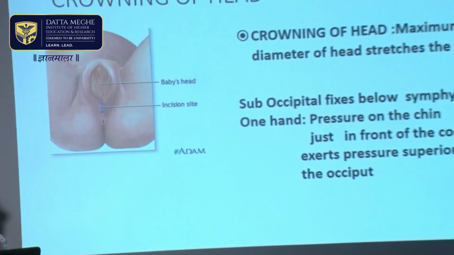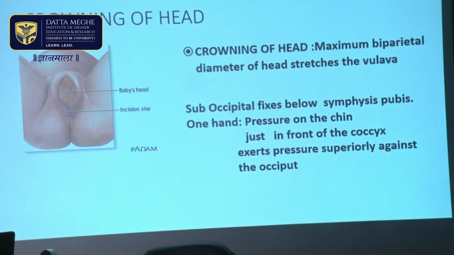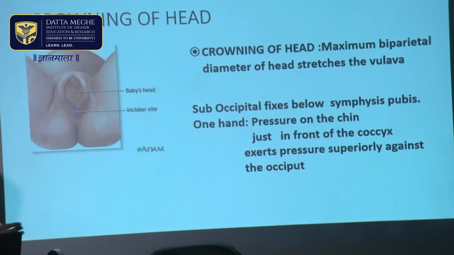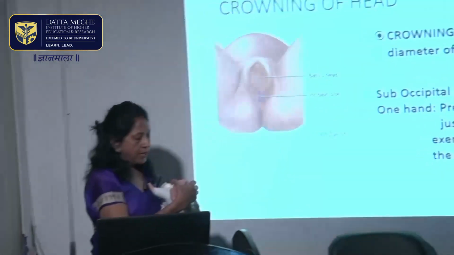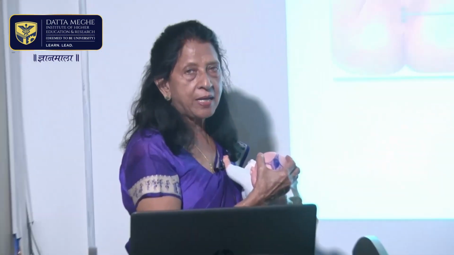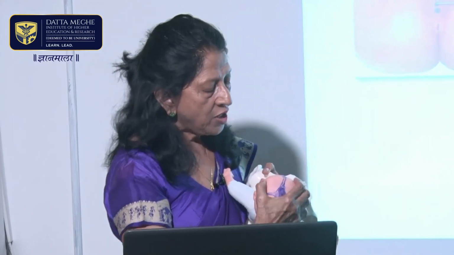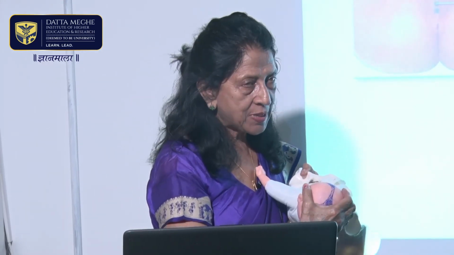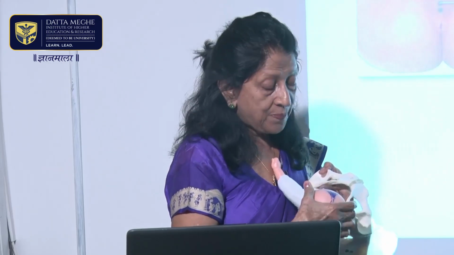Okay. What is crowning of the head? Crowning of the head means this is the introitus here, and there is maximum stretching of the perineum. Initially with each contraction the head peeps out and goes back by a few centimeter, 1 centimeter or half centimeter. Again with the next uterine contraction it peeps out through the dilated introitus.